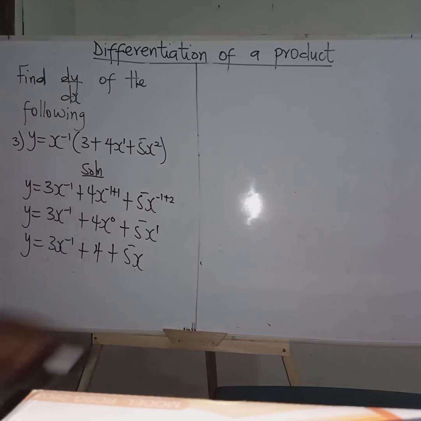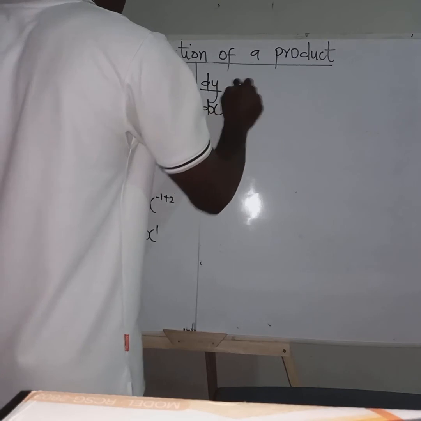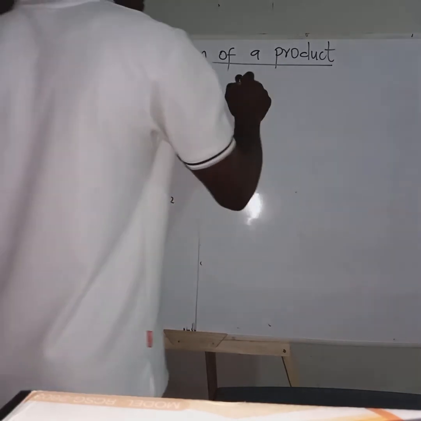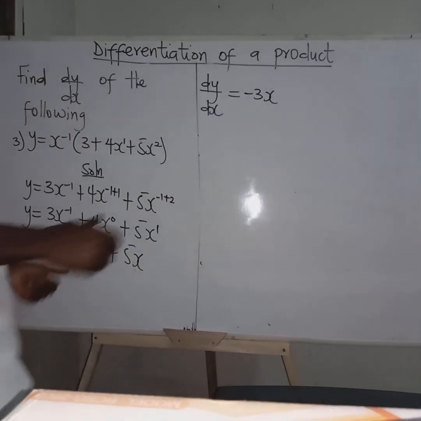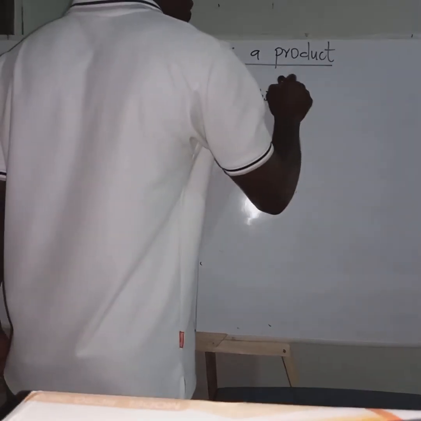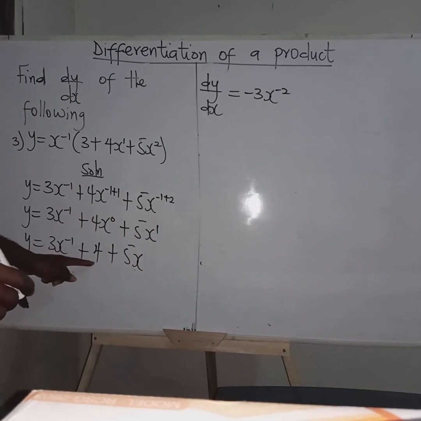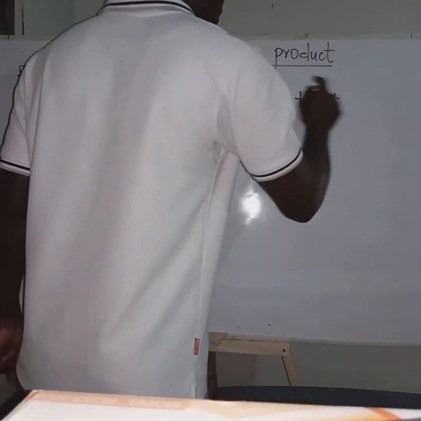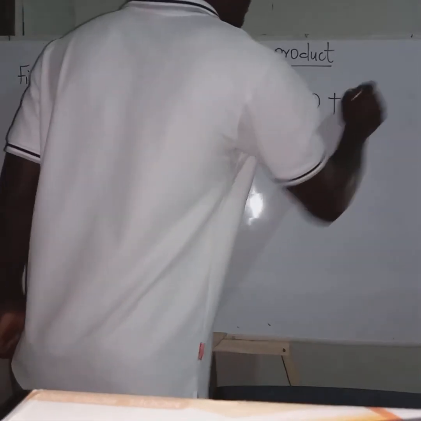So having done that, I can now differentiate. dy over dx is equal to negative 1 times 3 will give me negative 3x. Then I'll subtract 1 again from the power, which will give me minus 2. Rule of differentiation: when you differentiate a constant, you get 0. So plus 0 plus, I'll differentiate 5x, I'll get 5.